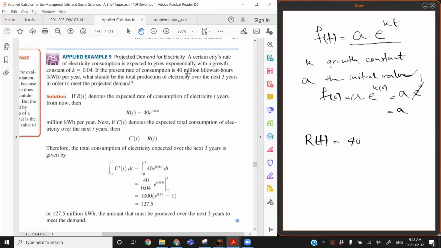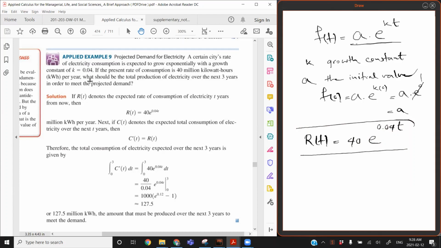So that's the a in a times e to the power of kt. K is also given here. The growth constant is 0.04, times t. So from the description here, we can write down the rate of electricity consumption function.